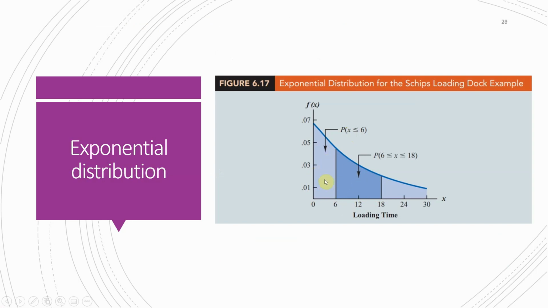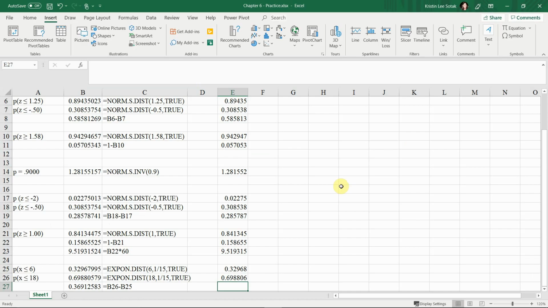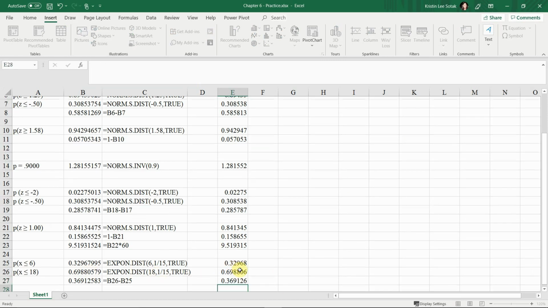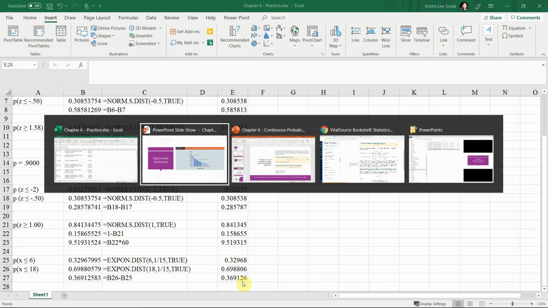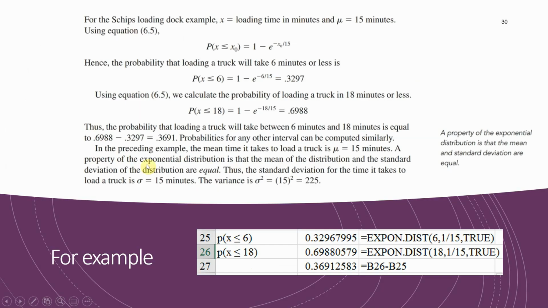If we do that in Excel, it's 18 minus the 6, and we get 0.3691. So that's more or less how you do that.